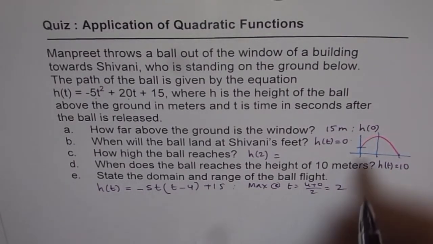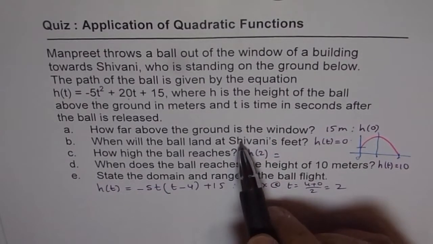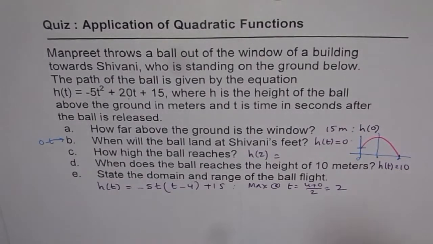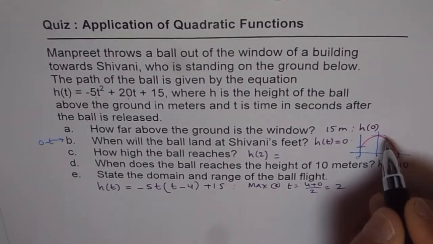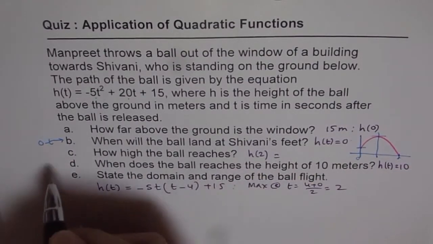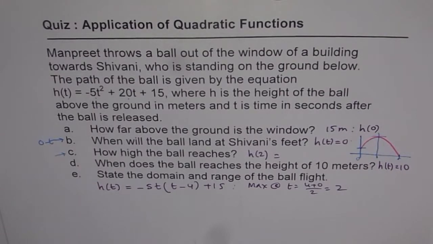Now, the domain is from 0 to this point when the ball reaches the ground. So that gives you the domain from 0 to this t. And the range is less than or equal to the maximum, which is how high the ball reaches, this. So you can relate all these and write your answers.